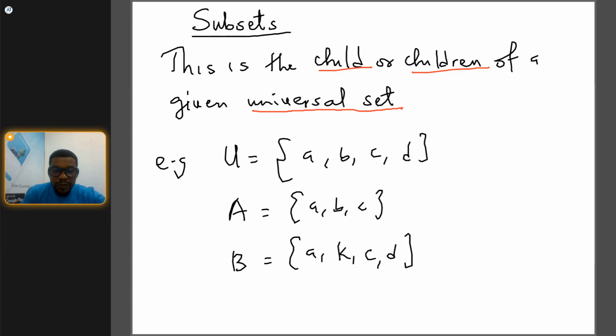Now, if you are going to understand that very well, let's take a look at this example. Universal set is A, B, C, D. We have a subset here.